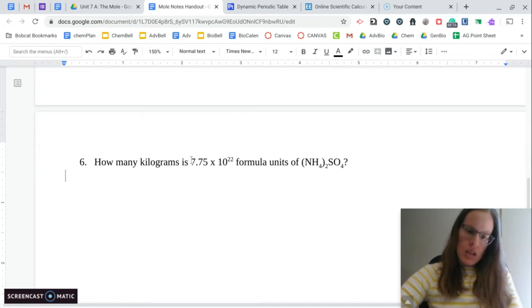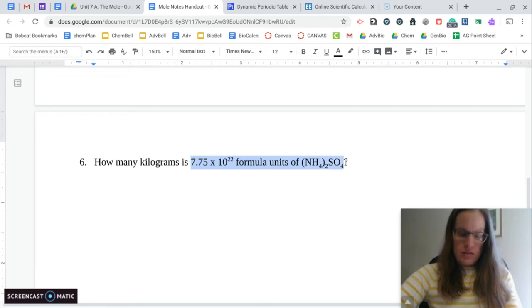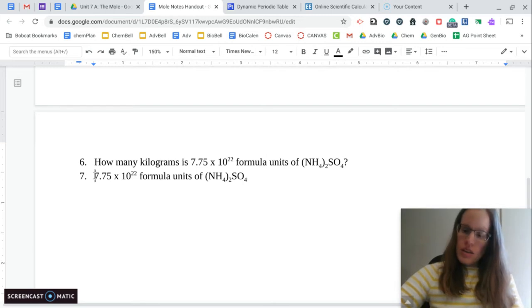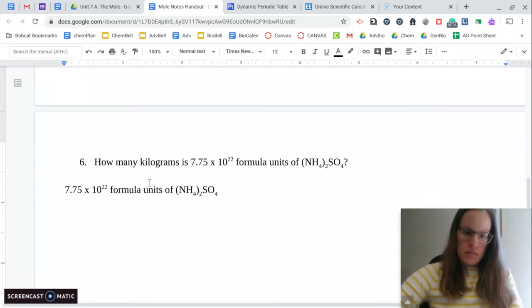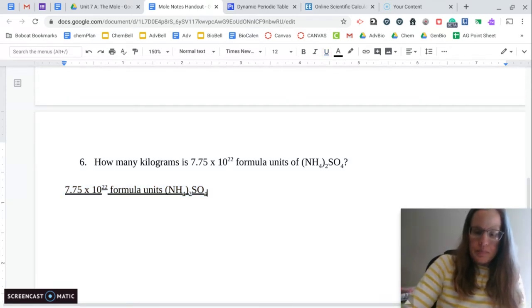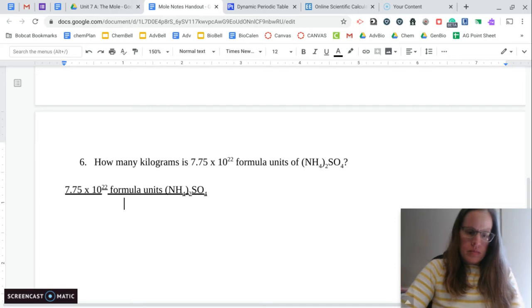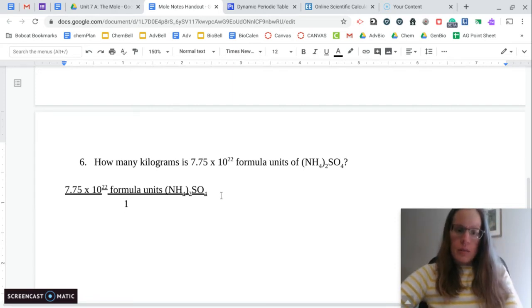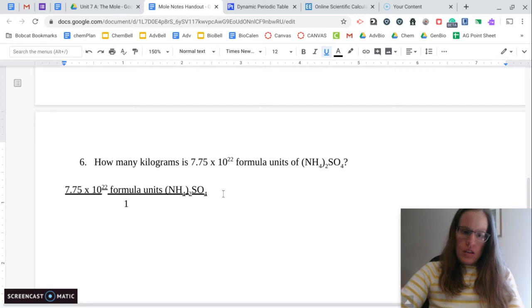All right, last one. They're giving me formula units of that whole thing. And unfortunately, they're asking for mass, which means that we're going to have to add that whole thing together. So I'm putting that up on top. They are asking us for mass, but we are starting off with formula units.